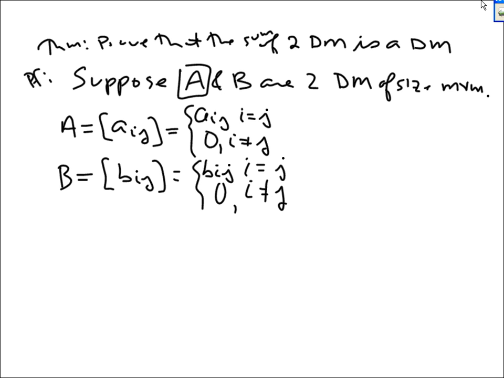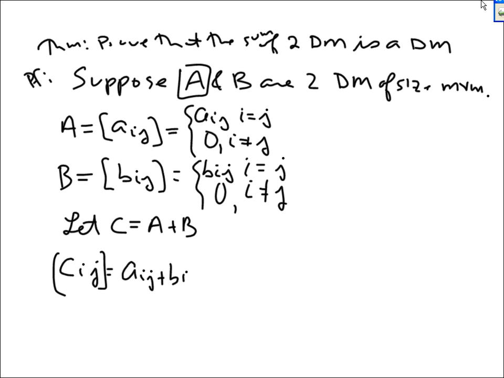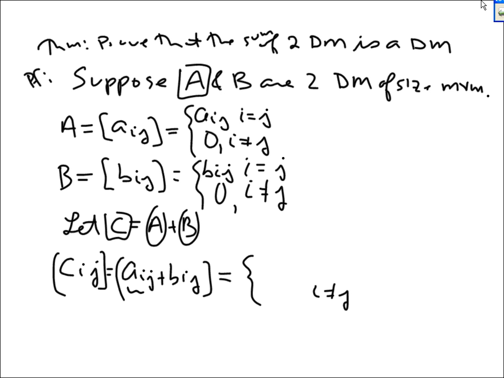Okay. Now, suppose we let C equal A plus B. Well then, cij is going to be aij plus bij. To get the ij entry of C, you take the ij entry of A and add the ij entry of B to it. Well, if i is not j, this is 0 and that's 0, and it clearly tells me to add them.